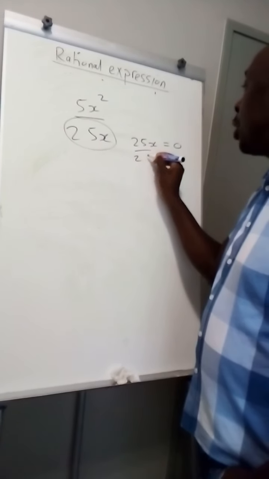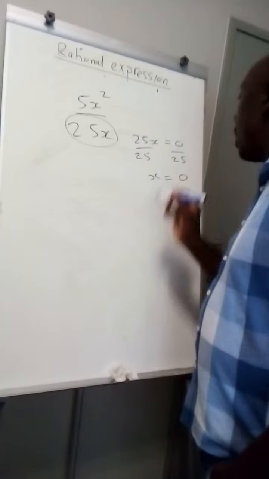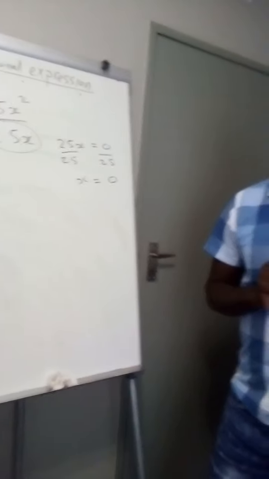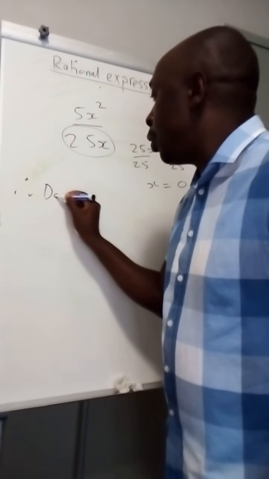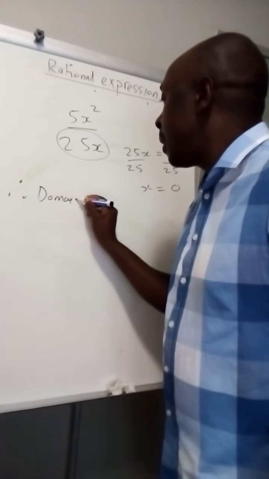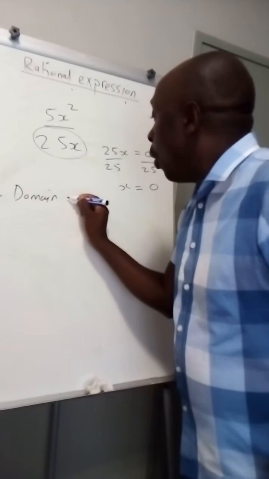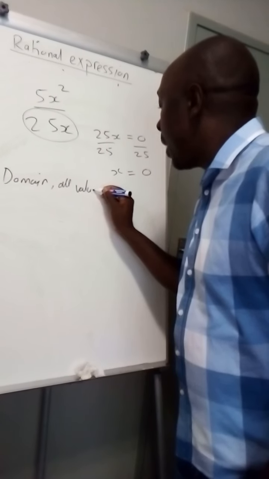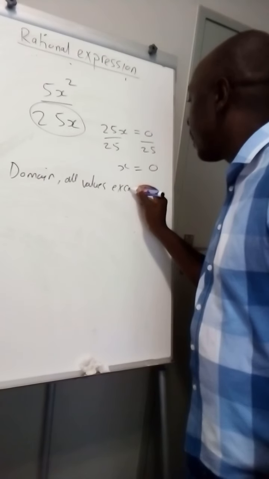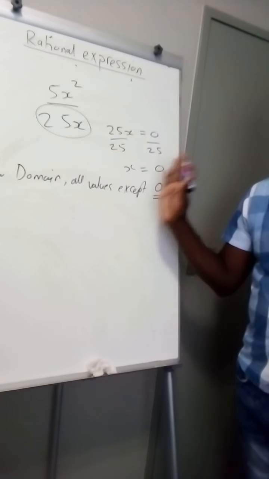Then you divide by 25, so x will be equal to 0. Therefore, the domain of this expression is all values or all numbers except 0.